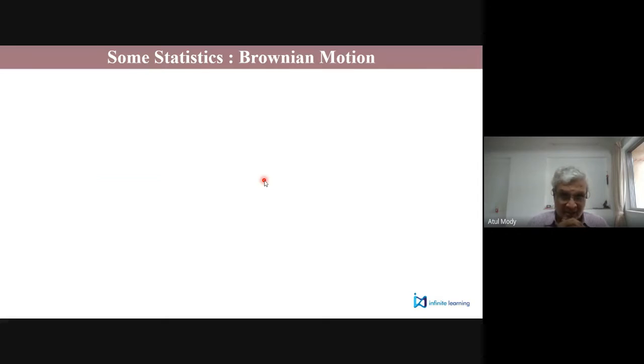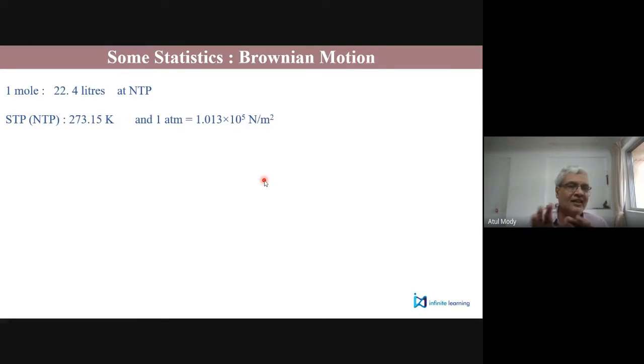Let's first see some of the statistics of Brownian motion. If you take 1 mole of a gas, it occupies at NTP 22.4 liters, normal temperature and pressure, which is atmospheric pressure and temperature 0 degrees Celsius.